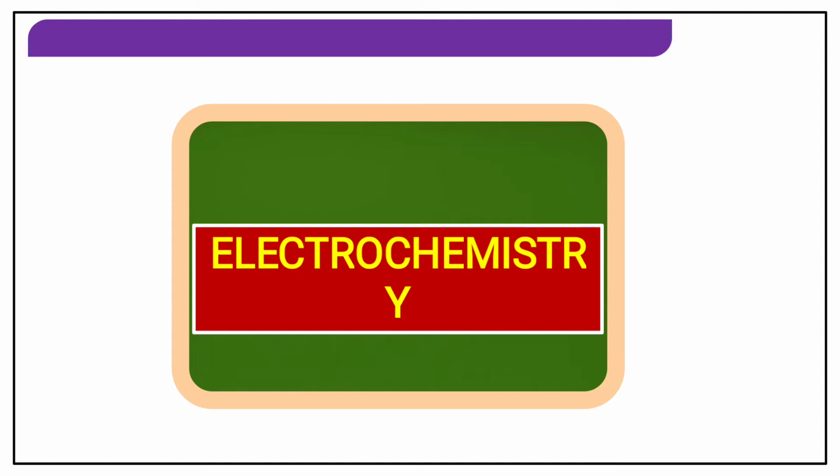In this session we are going to discuss the relationship between the Gibbs free energy and EMF of the cell, and also the relationship between the standard EMF of the cell and the equilibrium constant.